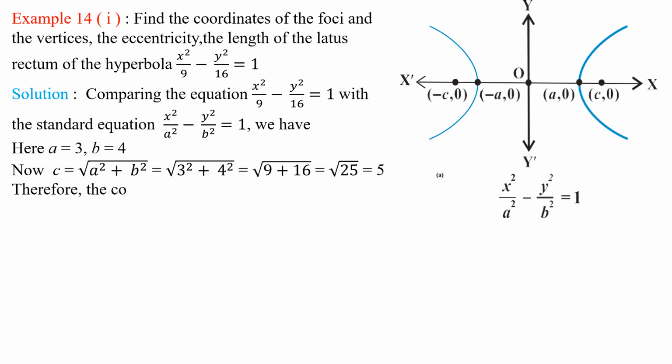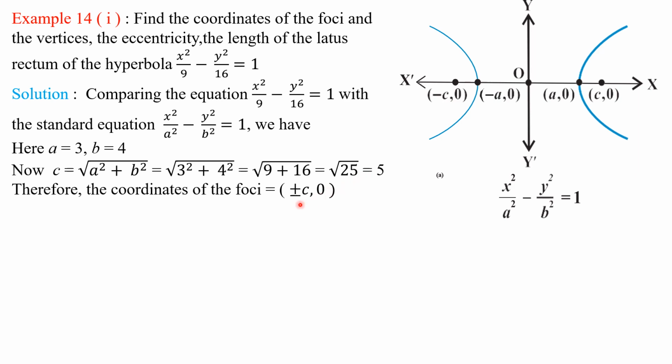Okay, my children, right. Therefore, the coordinates of the foci is equal to plus or minus c comma 0. Yes, my children, observe this figure. What are the coordinates of foci? c comma 0, minus c comma 0.